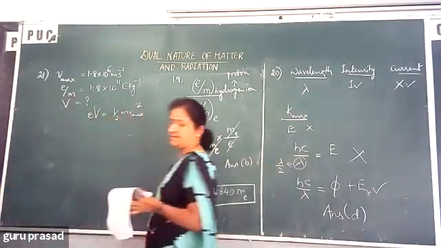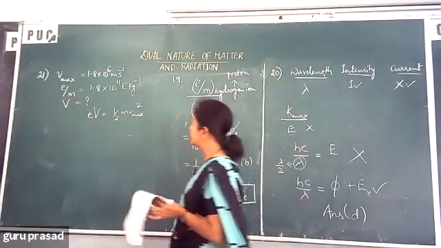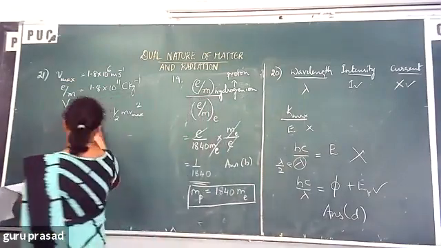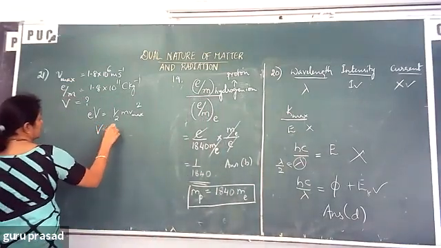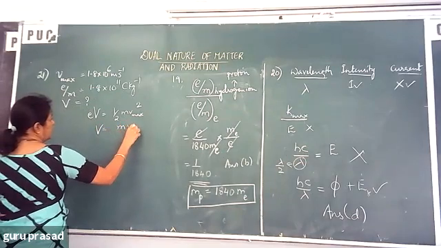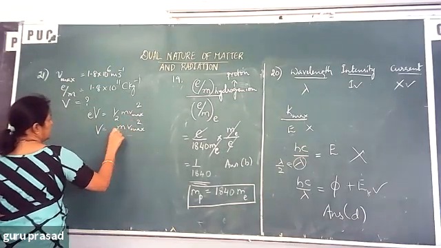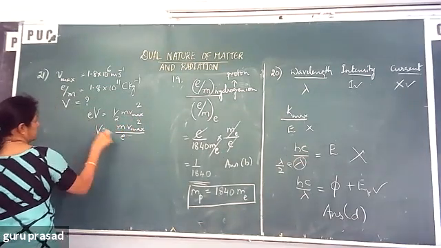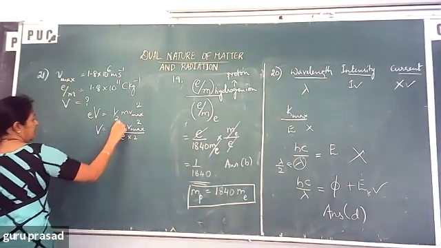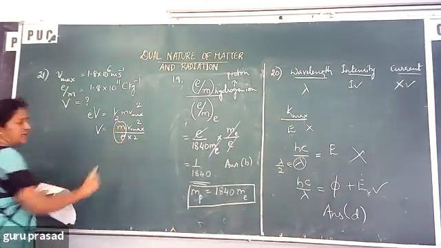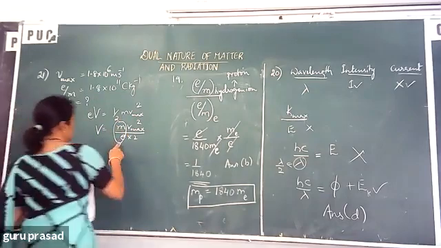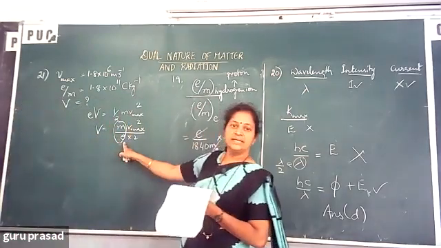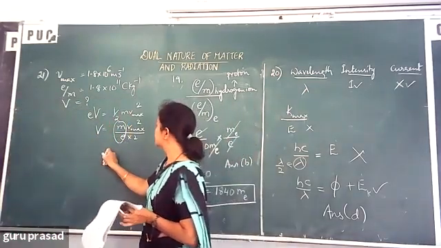They are asking you to find V. V is equal to m V max square by 2e. Now can you observe e by m in the denominator? So you just substitute it.